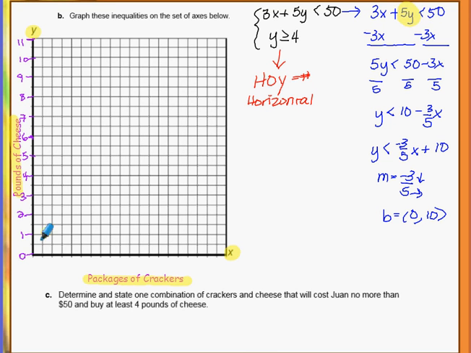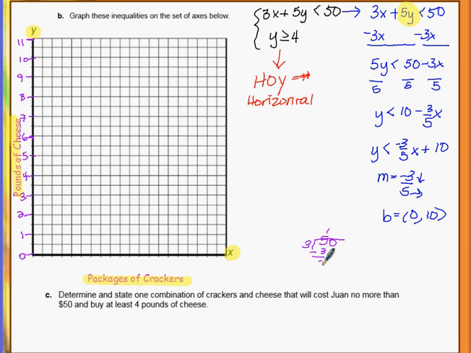So if this 5y was 0, if I used 0 pounds of cheese, but no cheese and only crackers, which wouldn't make sense for the party, but just to come up with our constraint, if I bought no cheese, how many packages of crackers could I get? So that would leave me with all $50 to spend on $3 per package of crackers.